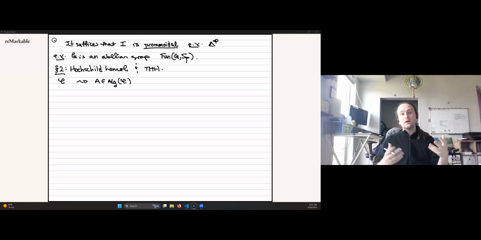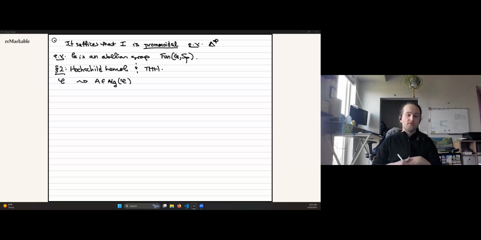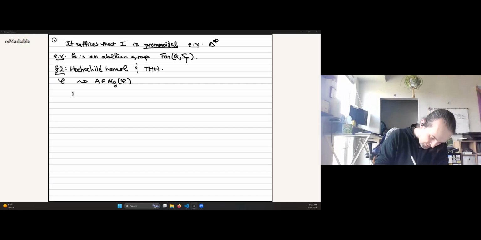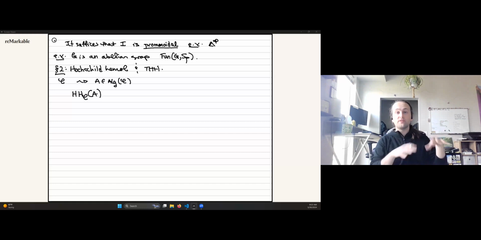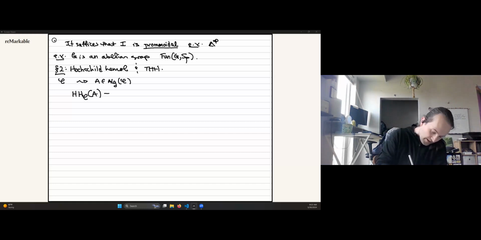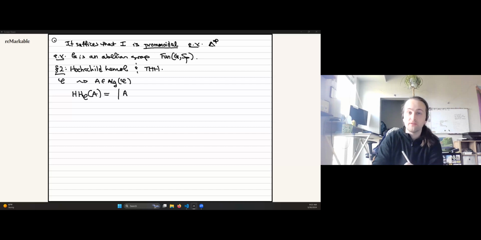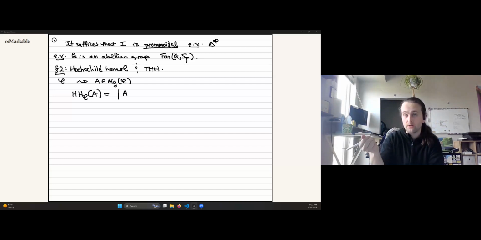Given such a thing, you can always form the following simplicial object. The Hochschild homology of A, with respect to this category C, is given by forming the cyclic bar construction, which is something you can always do when you're given an algebra in a symmetric monoidal category.